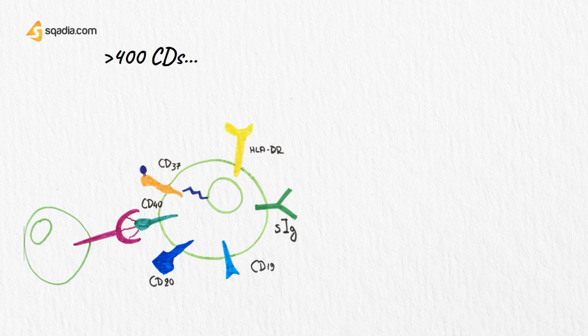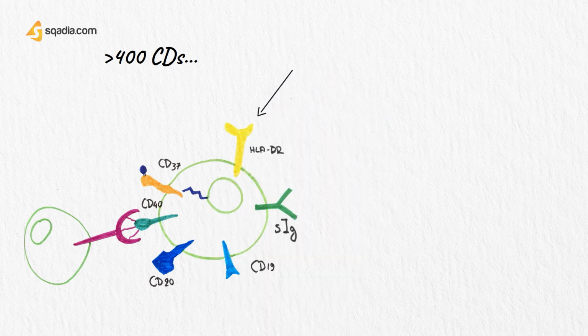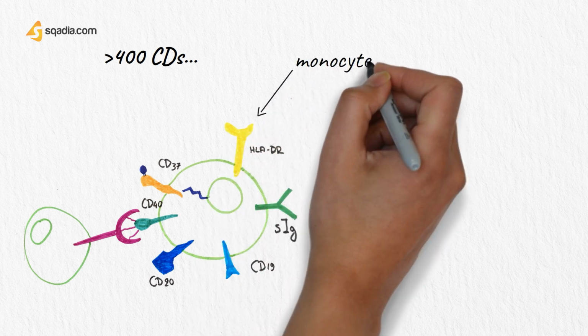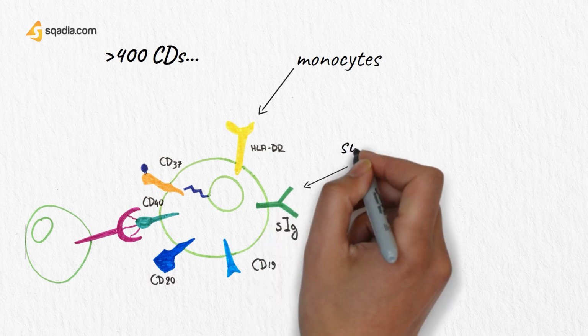For most of them, we use numbers such as CD19, CD20, CD40, etc. For others, they did not use numbers, for example this one, HLA-DR, found on monocytes, or this one, called surface immunoglobulin, SIG, for short.